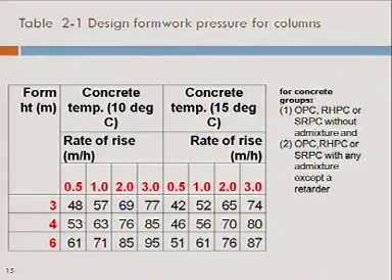H is 3, R is 2, temperature is 15 degrees Celsius, and this table is valid for the two categories, OPC, RHPC or SRPC without admixture, and OPC, RHPC or SRPC with any admixture except a retarder. So, this table is valid for these set of constituent materials for concrete. Can you tell me the values by looking at this particular slide?